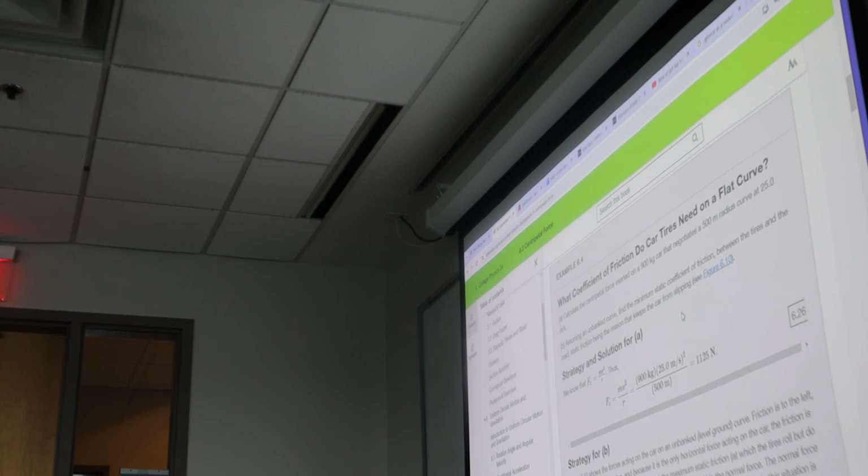So it would be in Newtons. Yeah, that's the SI unit for force, the Newton. A Newton is kg times meters per second squared. F equals ma.